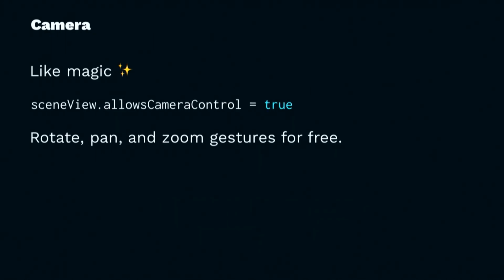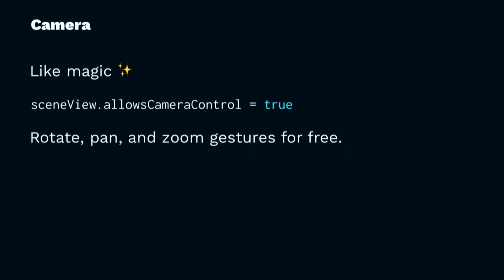Something I was really pleasantly surprised by here was how easy it was to get the camera stuff working. Normally with any kind of interactive scene, you want these basic multi-touch gestures. You want to be able to rotate and pan and zoom things. And if you were to implement this yourself, it would be rather complicated, right? You'd have to intercept the touch events, and then you'd have to figure out how to translate those into 3D coordinate space transformations and move around the camera and all of that stuff.